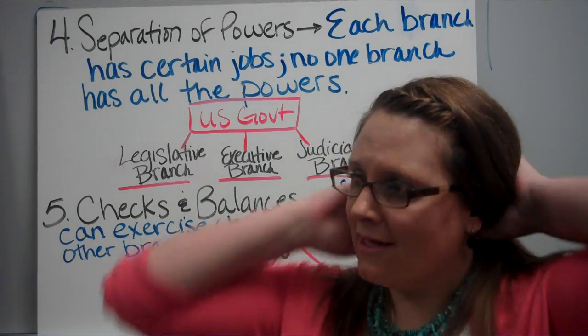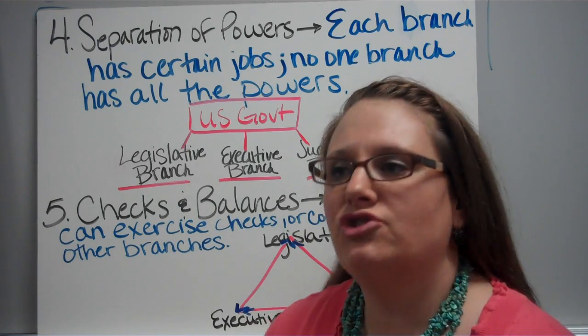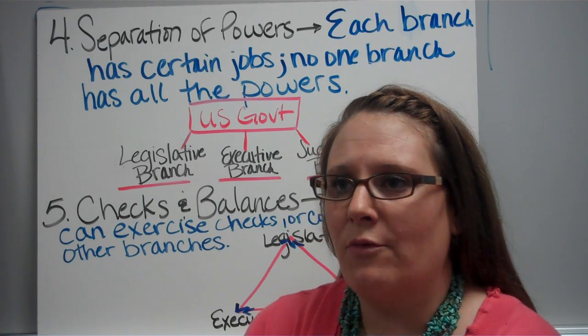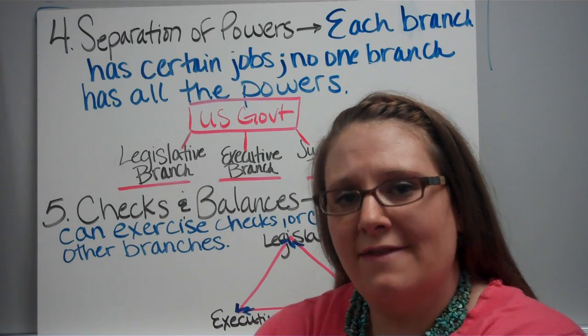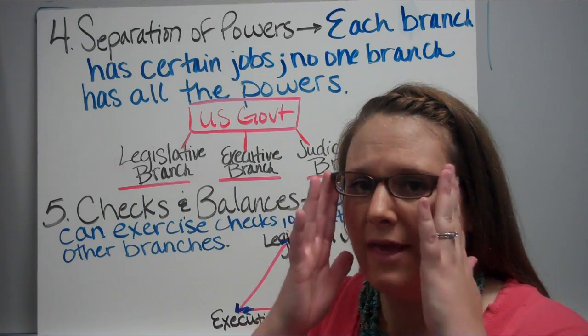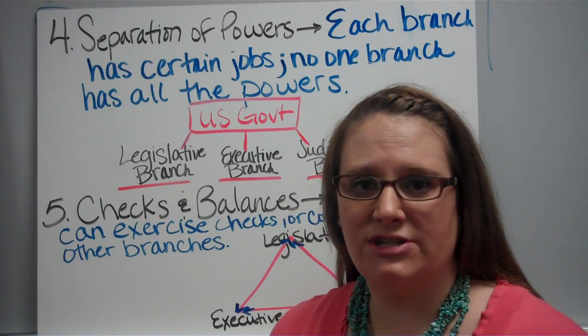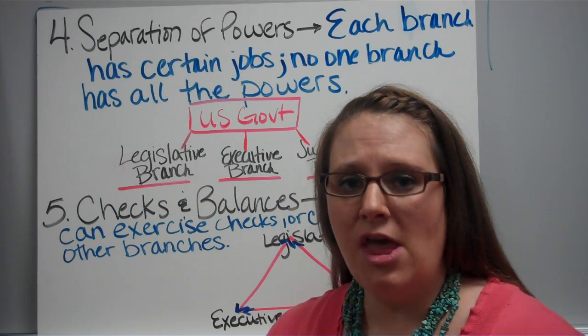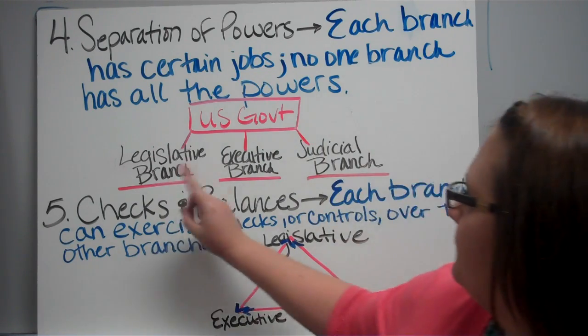So when we came back to the Constitutional Convention to try and come up with a framework that would work for us, giving the federal government some powers, but not taking powers away from the state, we decided to establish 3 branches of government, which are the executive, judicial, and legislative.